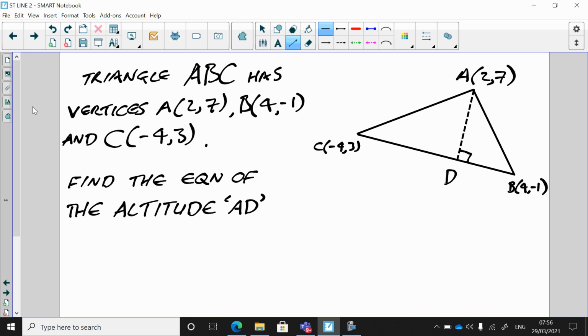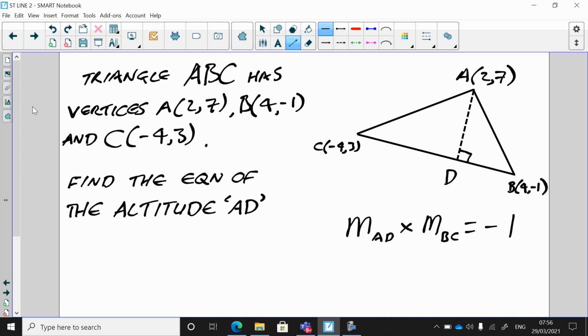We can get the gradient of CB because we do have the coordinates. Once we've got the gradient of CB, that is related to the gradient of AD because it's perpendicular to it, because we had the relationship about perpendicular lines and their gradients. So that's what we're going to do there.